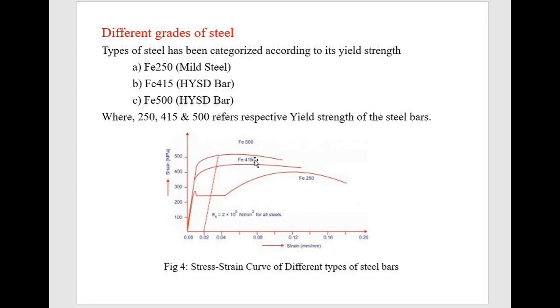And always keep one thing in mind: for steel, the modulus of elasticity, represented by Es, is common, that is 2 into 10 power 5 Newton per mm square. Only the strength property will change, but the modulus of elasticity will remain the same for all steels, 2 into 10 power 5 Newton per mm square.